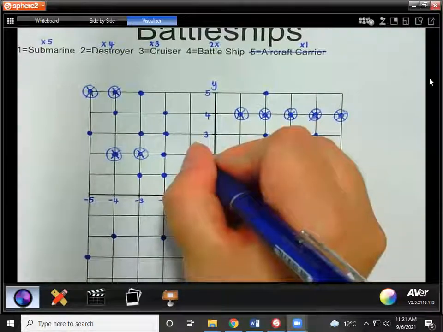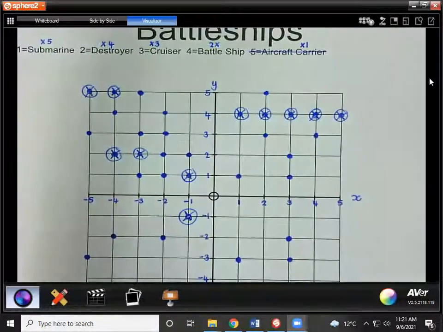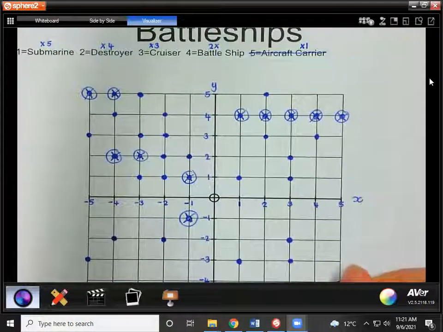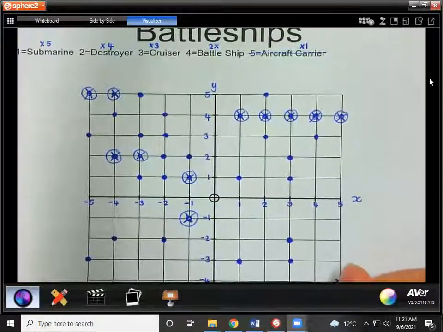Negative 1, 2, that's a miss. 5, negative 4, that is a hit. One of my cruisers.